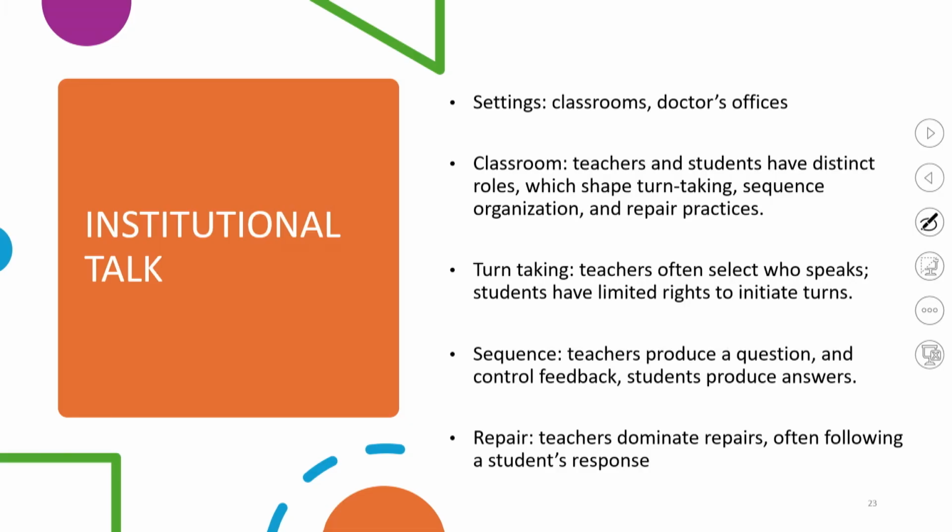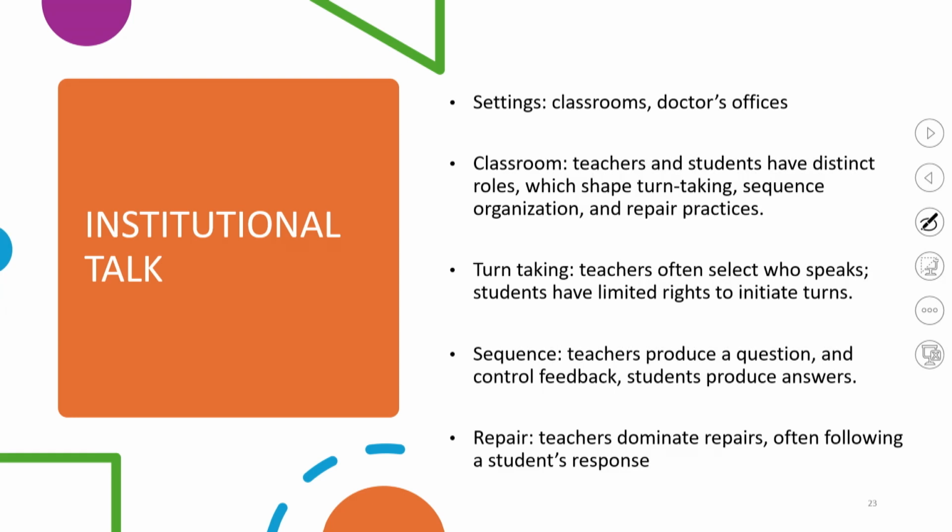So, there are various kinds of institutional settings in which this kind of conversation has been studied, like classrooms or doctors. Basically these are formal settings. In classrooms, teachers and students each have a distinct role to play, which shapes turn taking, and the sequence organization and repair practices all will differ.